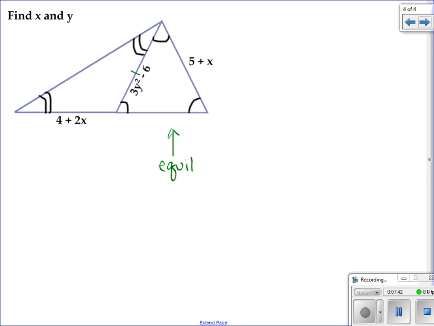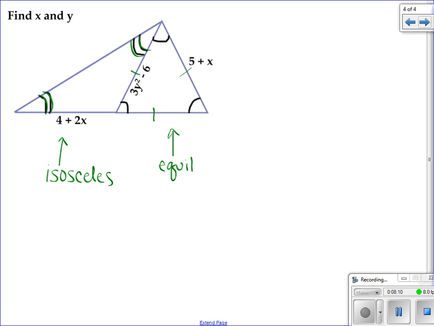Is that true? Because if 3 angles are the same, 3 sides are the same. What kind of triangle is this? It's isosceles. How come? There are 2 base angles here that are congruent to each other. So what 2 sides would have to be equal? These 2 right here?